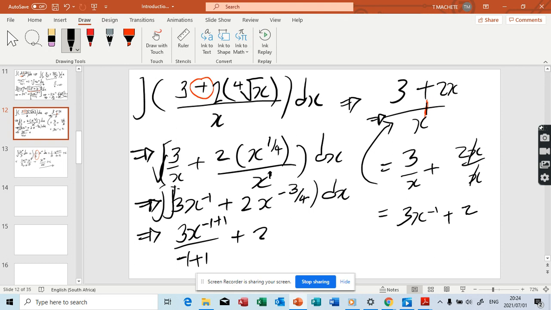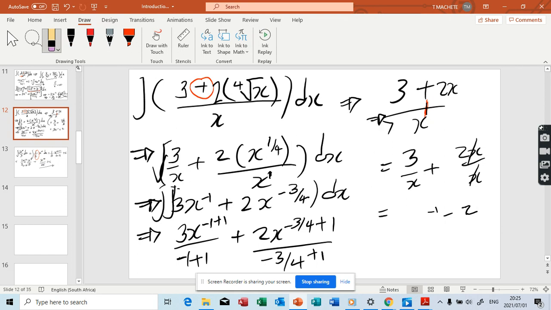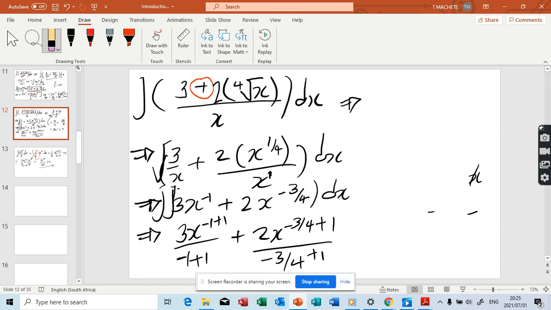So it's 2x to the power of minus 3 over 4 plus 1 over minus 3 over 4 plus 1. Let me erase everything. So ignore that undefined. Let's solve this here.